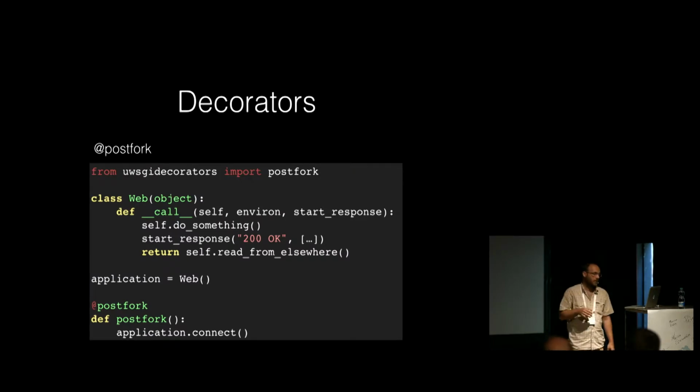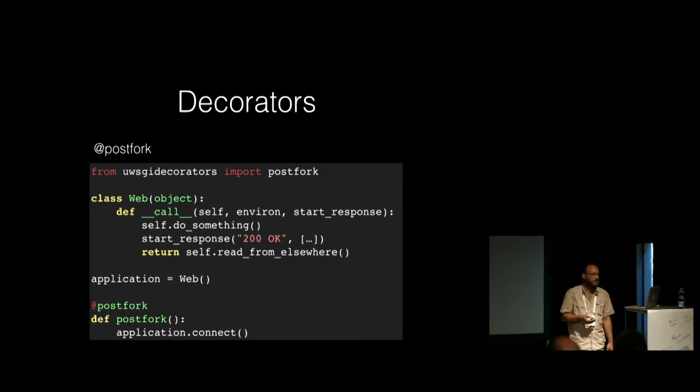My favorite decorator is post-fork. When your app has to connect to the database or open a socket connection to somewhere else, those things don't survive forking, so you have to handle it some other way.